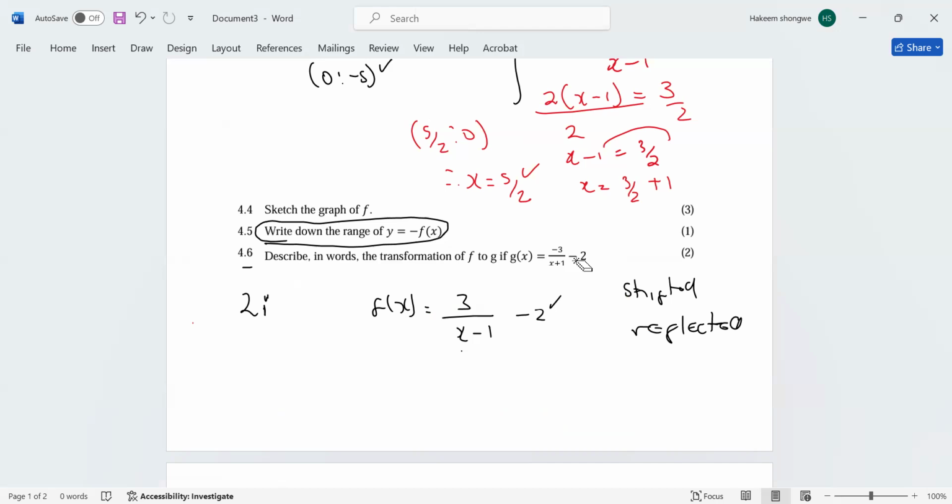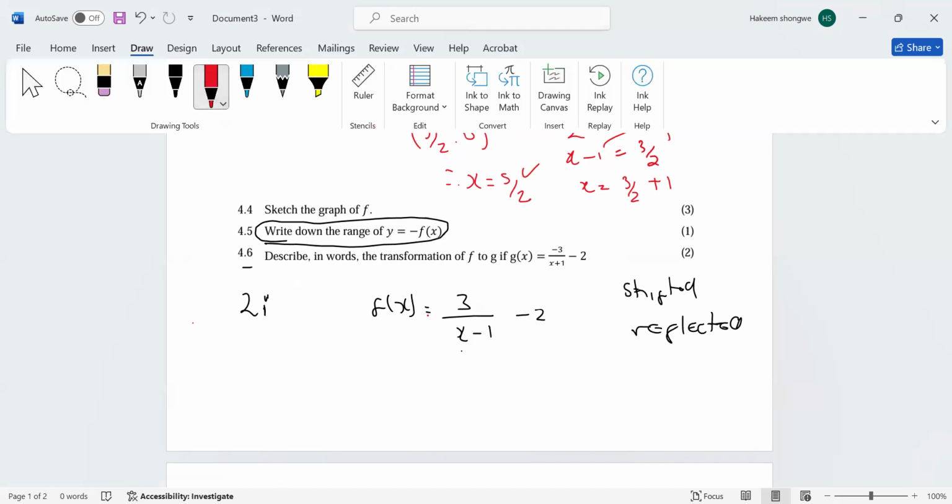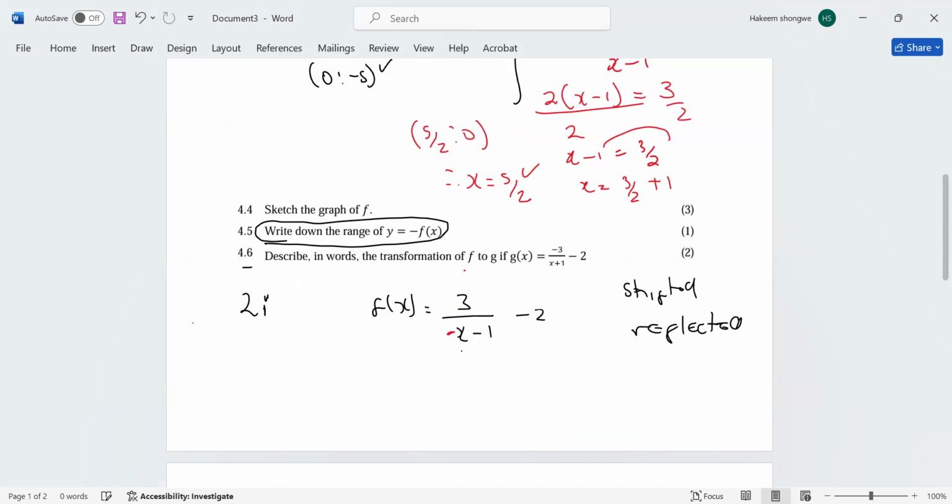It's going to affect even this 2 here, but we can see the 2 is already positive. So nothing has happened to the 2. What other reflection do we have? We can make this x negative, and then we're reflecting it by the y-axis. Negative only affects x, it doesn't affect the asymptotes.